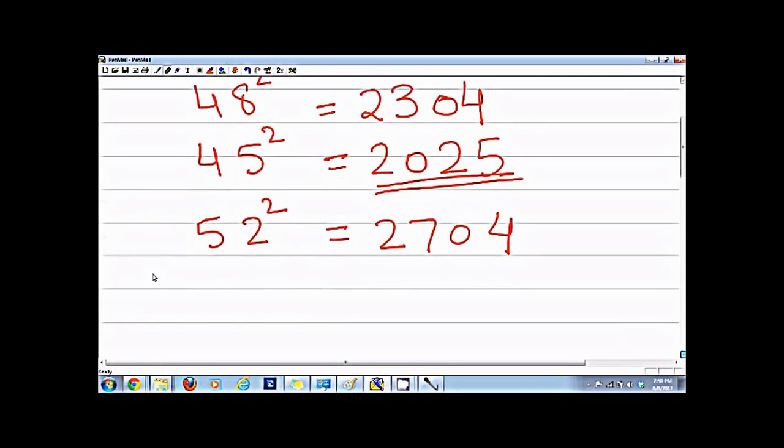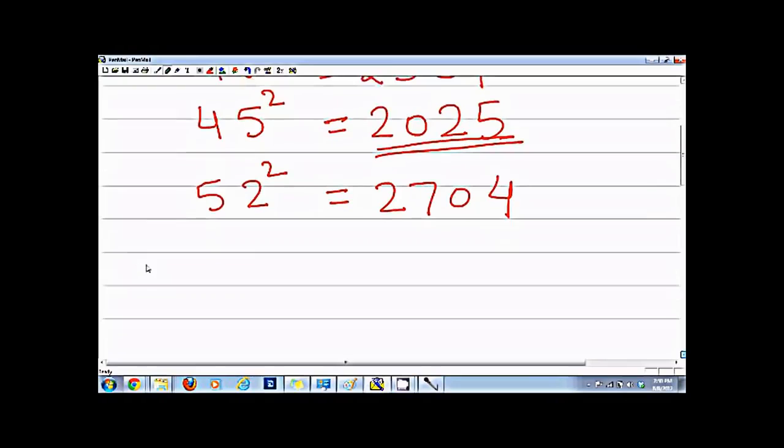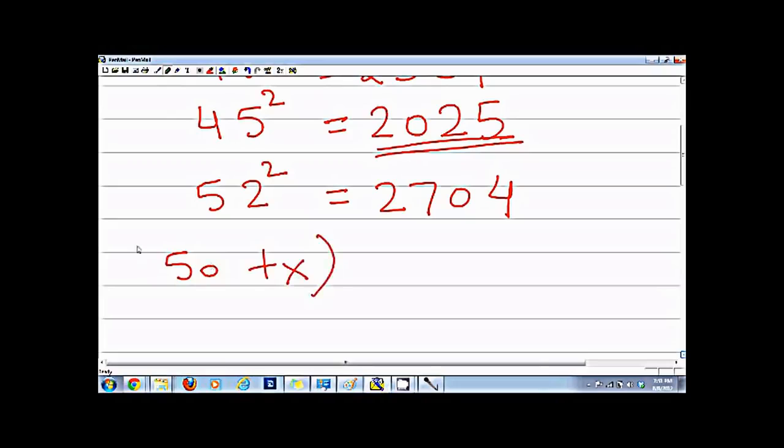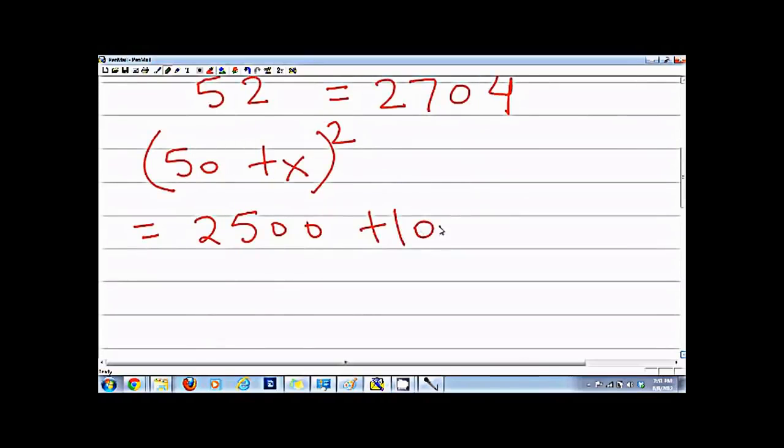For example, if I have a number which is close to 50, so we have 50 plus x and we take square, so (50 plus x) square will be equal to 2500 plus 100x plus x square.